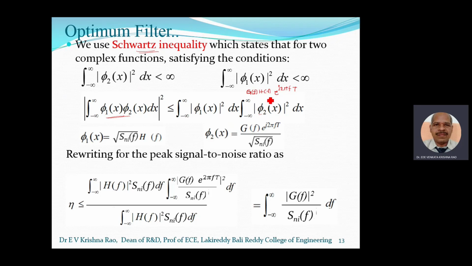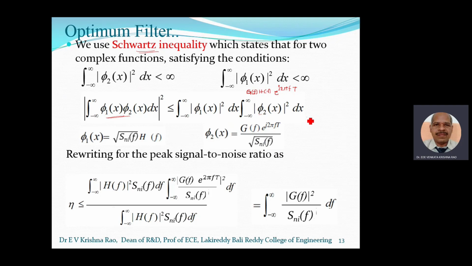The product can be taken with phi 1 as root of Sni of f, that is the input power spectral density of noise, multiplied here with h of f, and here in phi 2 the remaining term, g of f e power j2 pi f t, divided by root of Sni of f. So that is how it is taken as the product.